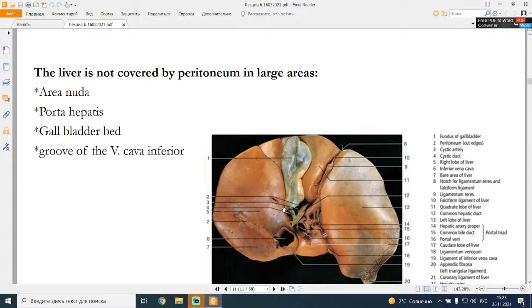This is the porta hepatis, the gallbladder bed, and the groove of the vena cava inferior. This is the vena cava inferior.